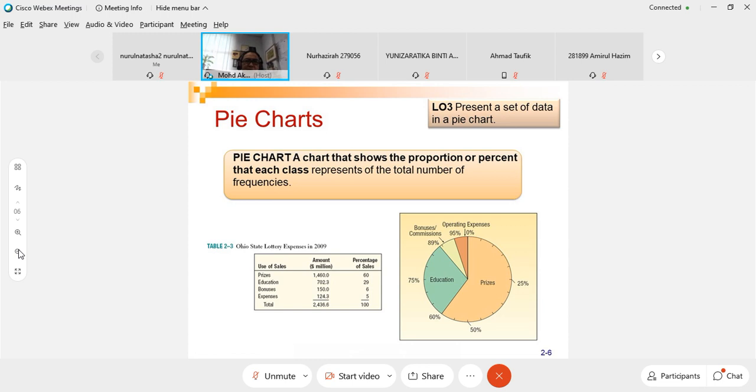Contohnya bila kita nak present gender dalam kelas, so we have male and female. So usually kita guna pie chart untuk represent how many percentage of male and how many percentage of female. The total of percentage should be equal to 100%.